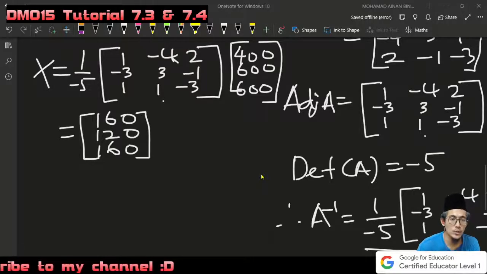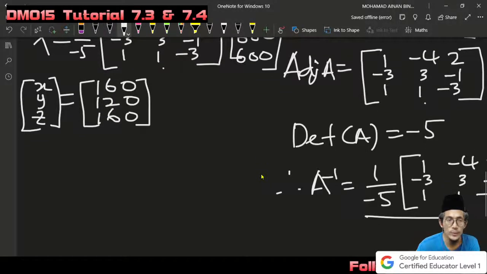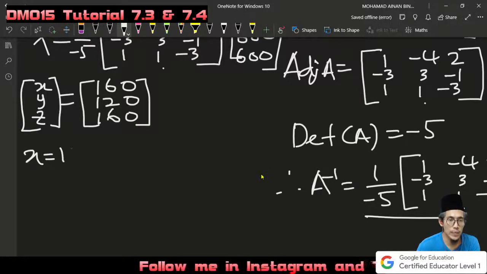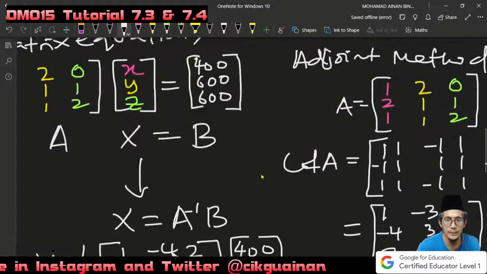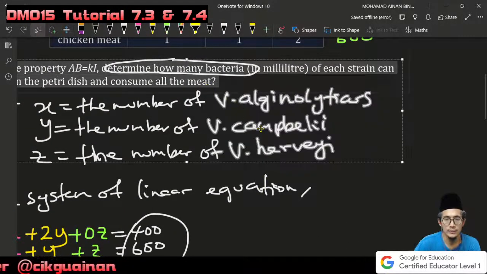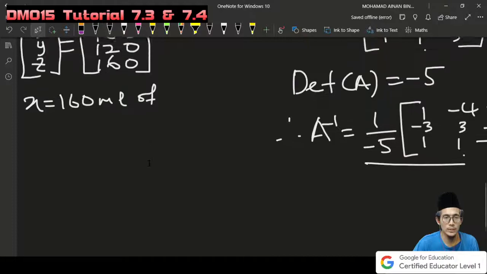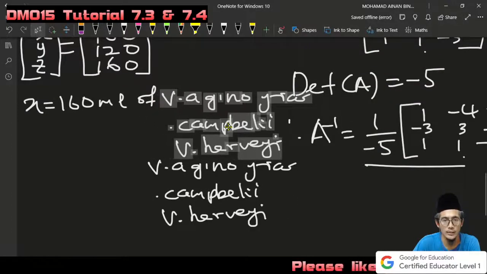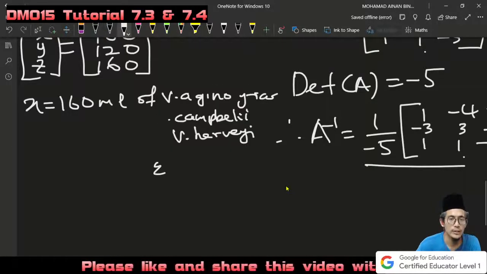Tapi jangan lupa X kita ni tadi apa sebenarnya? X kita ni adalah variable X, variable Y dengan variable Z. So we have to write it specifically. So X is 160 milliliter of apa tadi? Salin nama dia tadi. Panjang nama. Aku copy je lah kat sini. Aglinotus. Panjang nama saintifik. Okay.